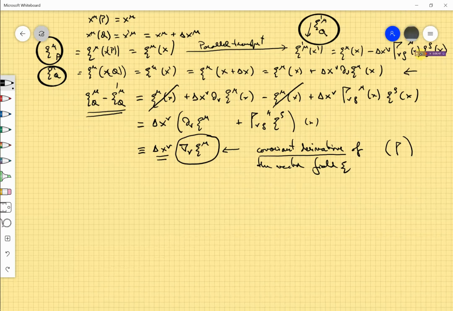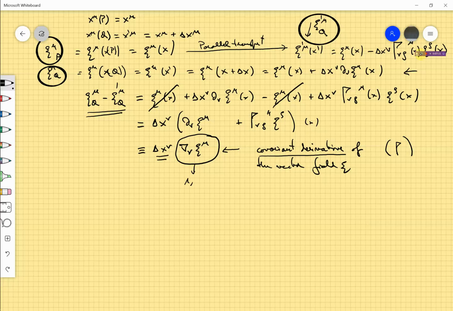Why do we call this covariant derivative? It is called covariant because it transforms covariantly, in the sense that if psi mu is a tensor, in this case a contravariant vector, nabla nu of psi mu is a 1,1 tensor.